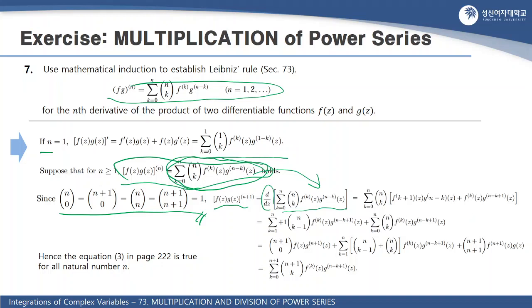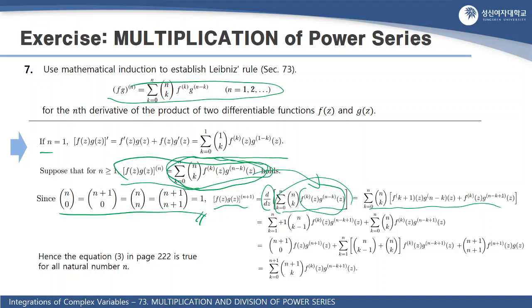To differentiate it, we get this result here, because this part is the product of two functions, the kth derivative of f and the (n-k)th derivative of g.